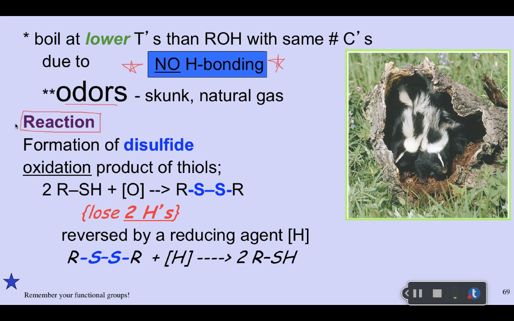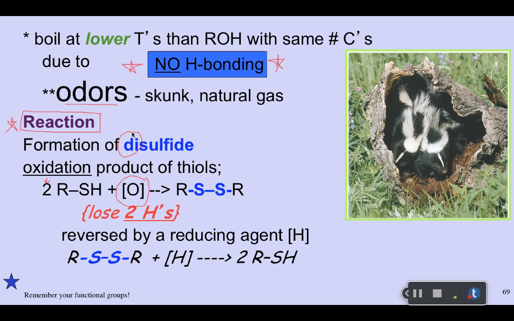The one specific reaction that you do need to know is that these things will react to make what's called a disulfide in an oxidation reaction. Oxidation is suggested by O in brackets like we have here, and it always takes two. It's always going to take two sulfurs to do this because you're going to make a disulfide.